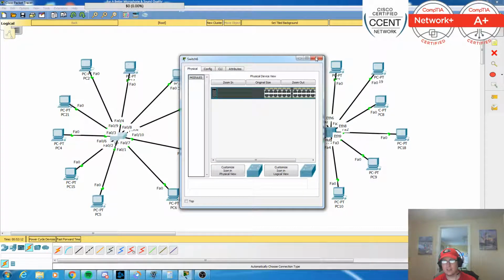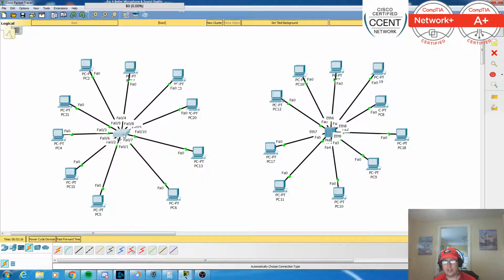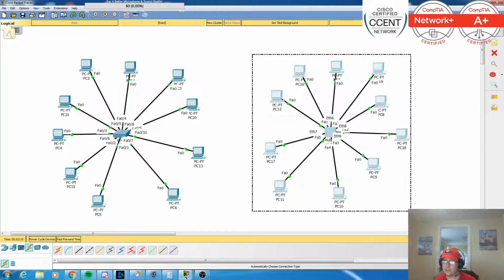So that is collision domains in a nutshell. Just remember, each port of a switch represents its own collision domain. So however many cables I have running to this switch is represented as a collision domain. And over here, the hub, everything connected to the hub is considered a single, or one, collision domain.